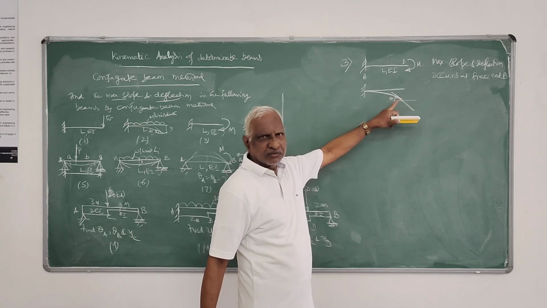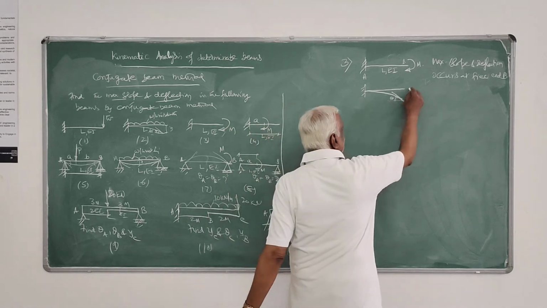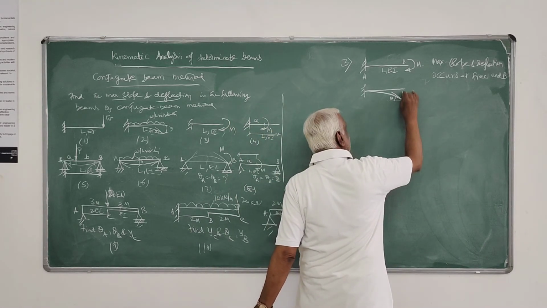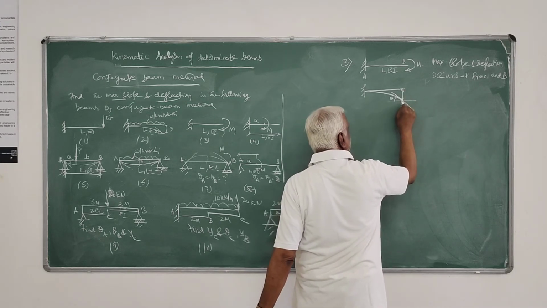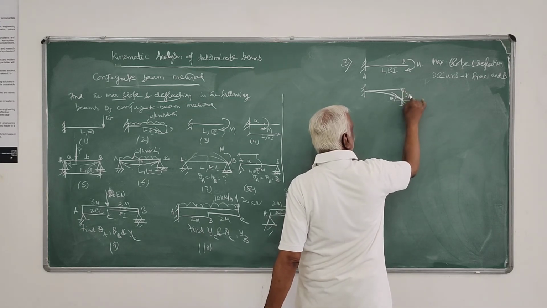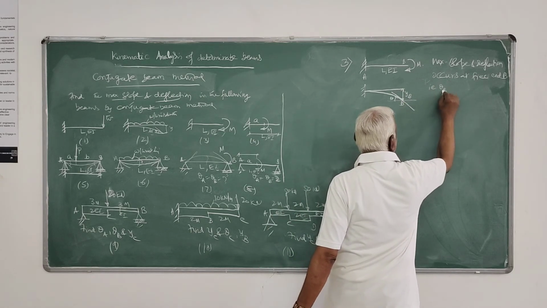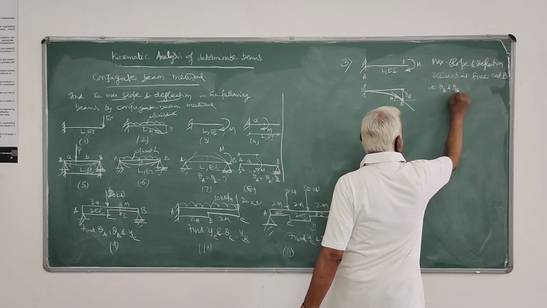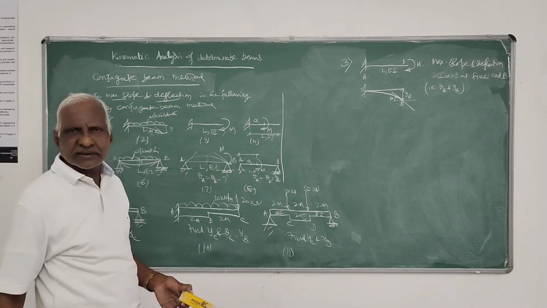This is the deflection. So slope is what I have to determine. Deflection is the vertical distance of this point. So theta B and Y B, you have to evaluate. That is sketching.